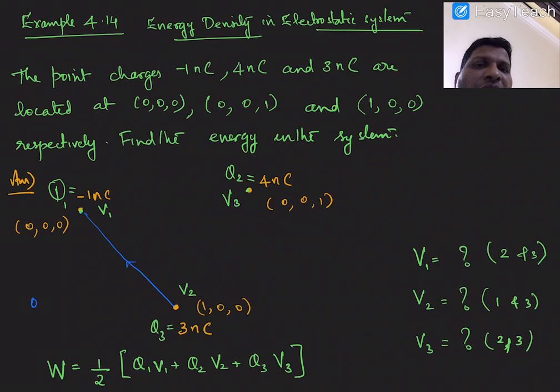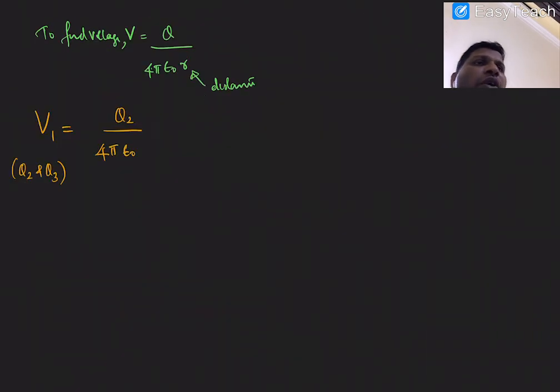The vector is 0, 0, 0 minus 1, 0, 0, or you can say it is minus a_x, and the magnitude of this is equal to 1.